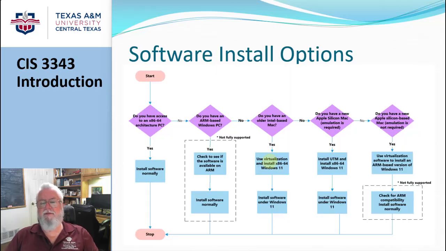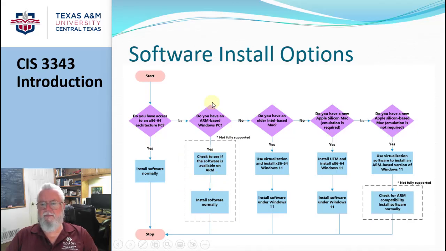So here is a flow chart that I use, and this is a generic one that fits many classes, so just bear with me. If you have a traditional machine, poof, you're done. No problems. If you have one of the new ARM-based machines, I don't think it'll be a problem. I do not know of anyone having problems, but it may surprise you, so make sure it's available and install the software.